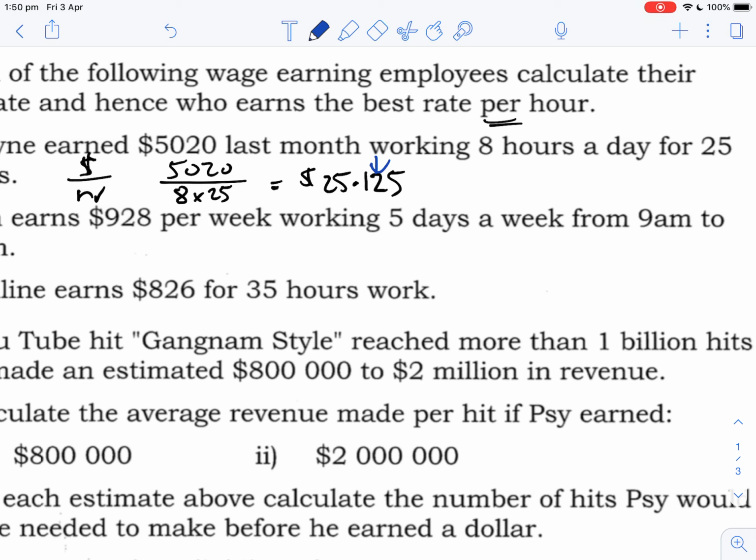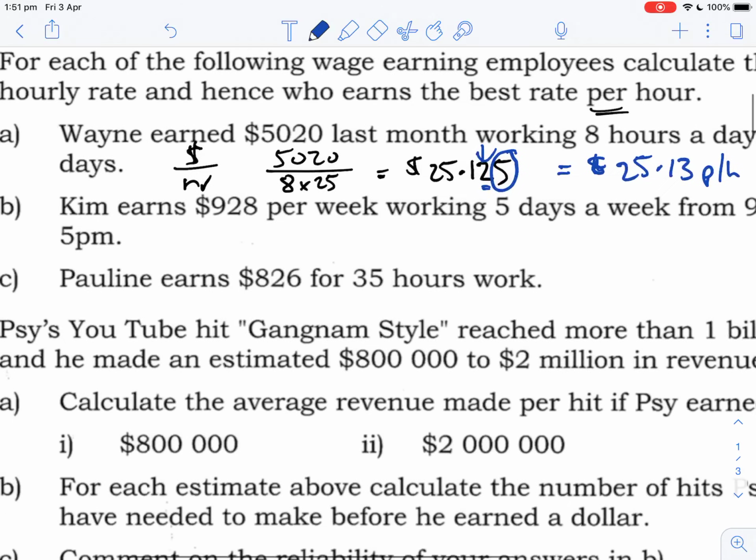So if I want to stop at the second decimal, I need to look at the next place. If that next number was a 5 or more, then I'd bump up the number that I'm stopping at. If it was a 4 or less, it would stay the same. So in this case, because I've got a 5, I would round that up. So if I was going to quote this person's pay, I would be saying that it's $25.13 per hour is what we've calculated there.